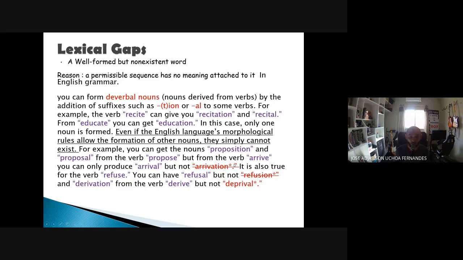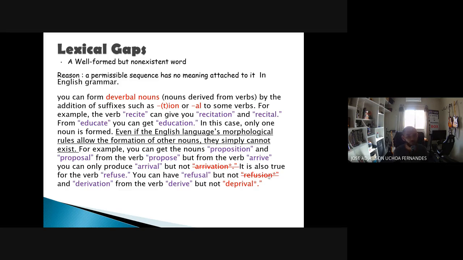Normally, Brazilians learning English that think of -tion as a very productive suffix tend to have this kind of recurrent mistake of putting -tion at the end of words, thinking that they are producing nouns. Sometimes they are, but sometimes they are not. So it's also true for the verb to refuse. We have refusal, but no refusion.